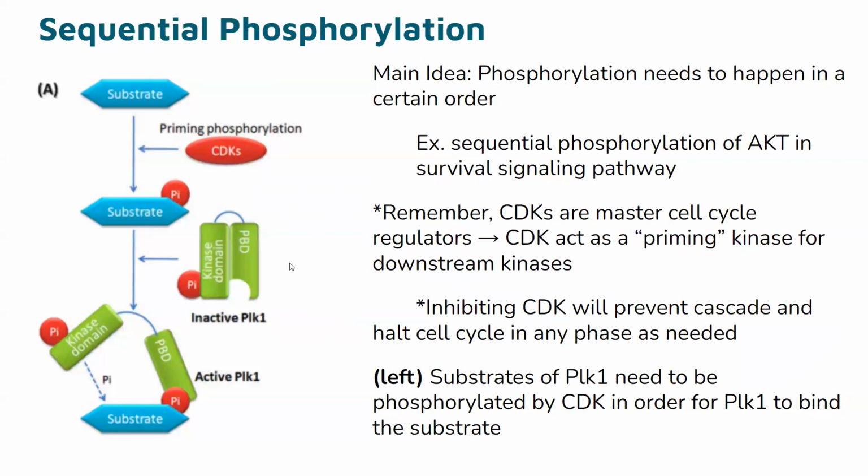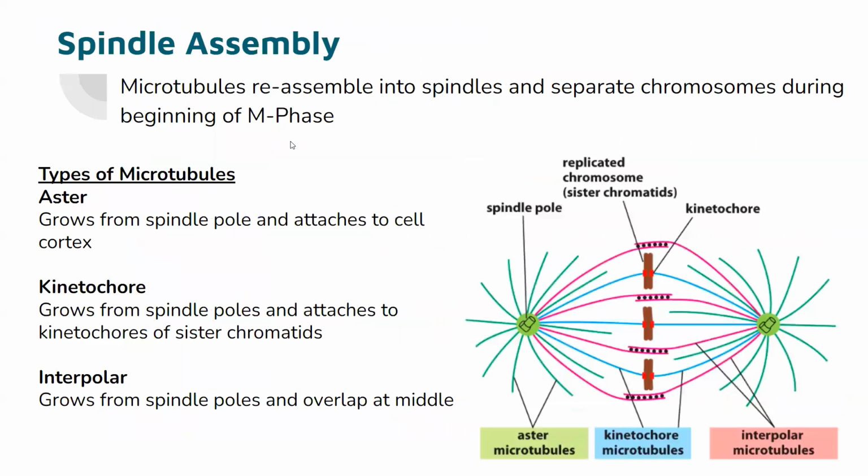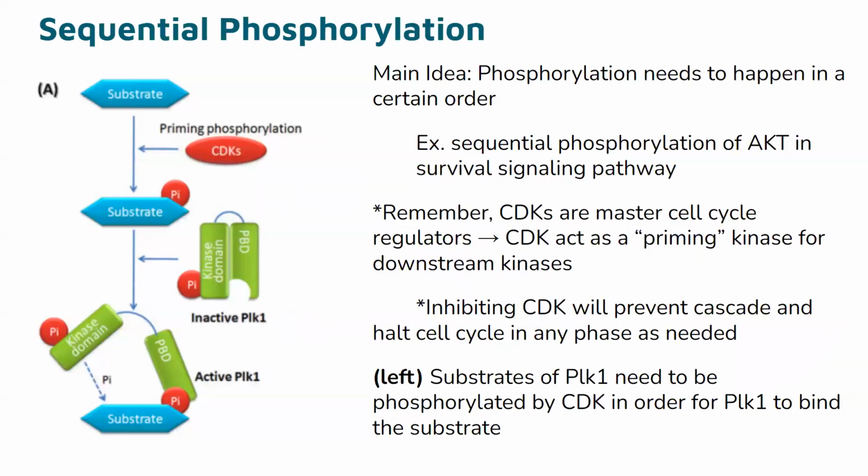And so for sequential phosphorylation, the idea is that phosphorylation needs to happen in a certain order. And the big idea here is just that the CDKs are master cell cycle regulators. So they're not going to be phosphorylating every individual protein in the cell that causes the effects needed to start off mitosis, for example.